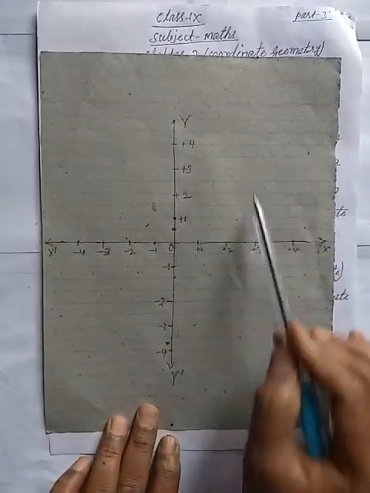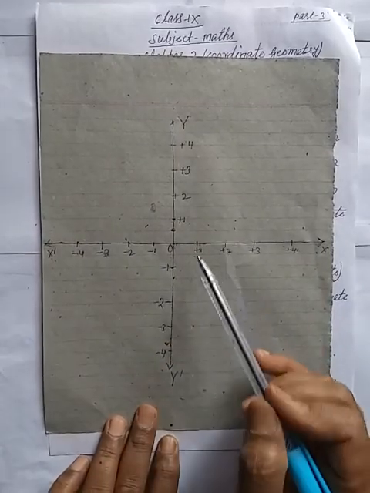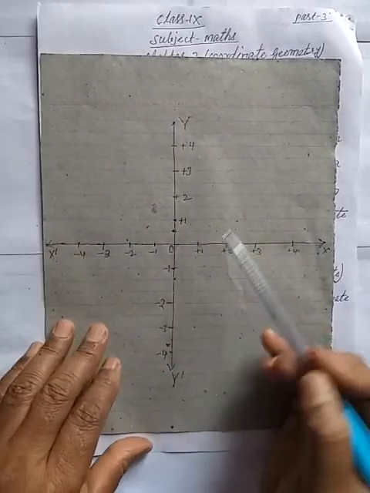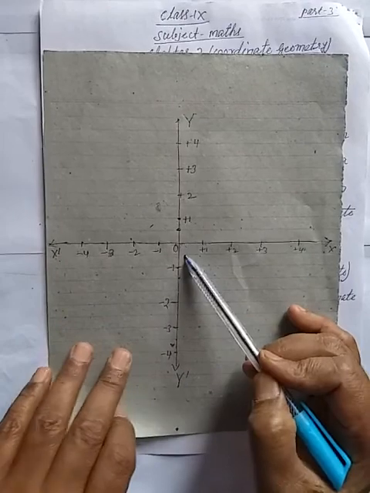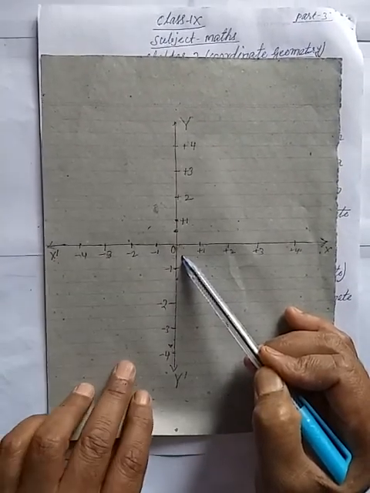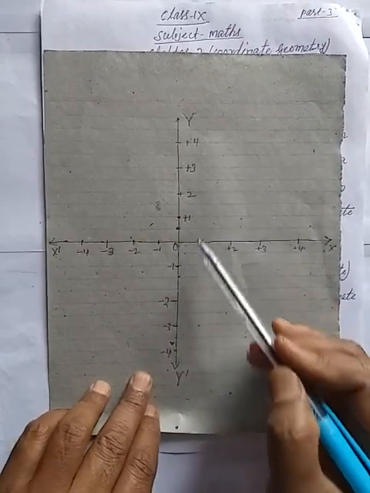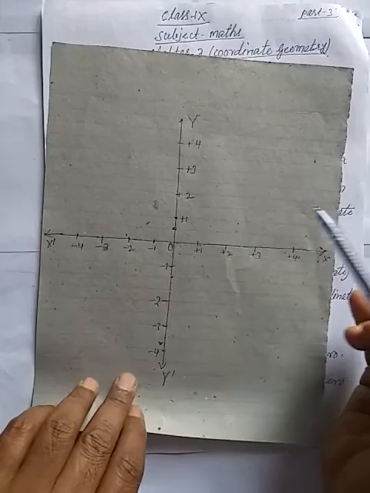Two are perpendicular. This is drawn on the plane, the Cartesian plane. So on the basis of this, now I am explaining. Keep it in mind, and you can also draw at the time of study and try to understand the definitions or points.